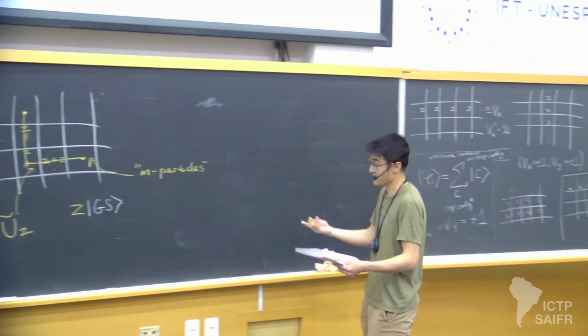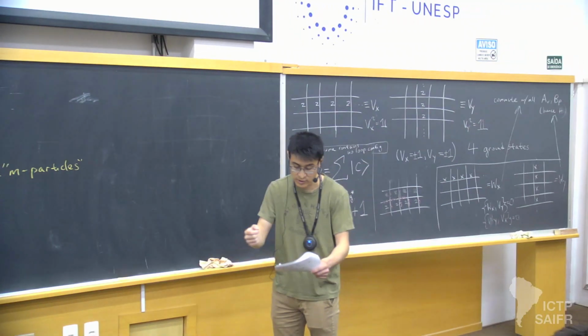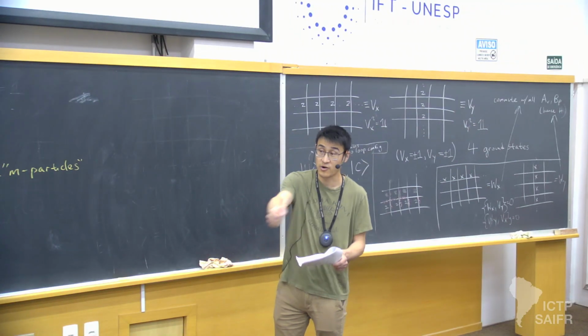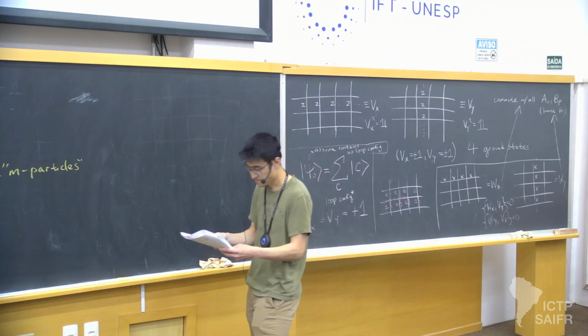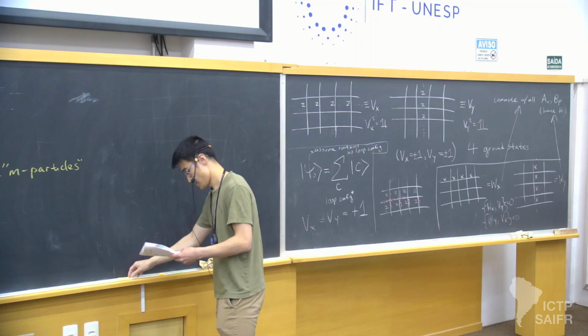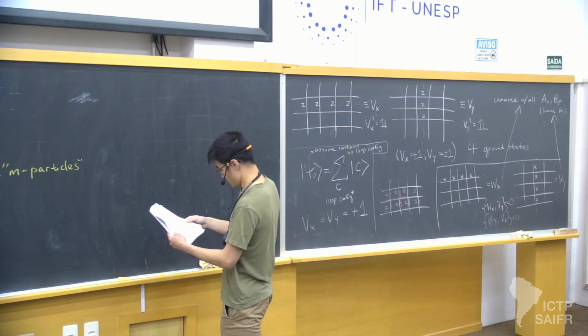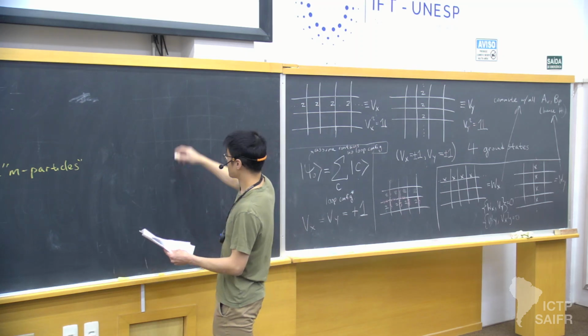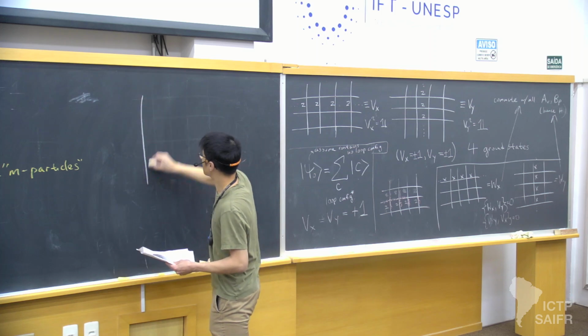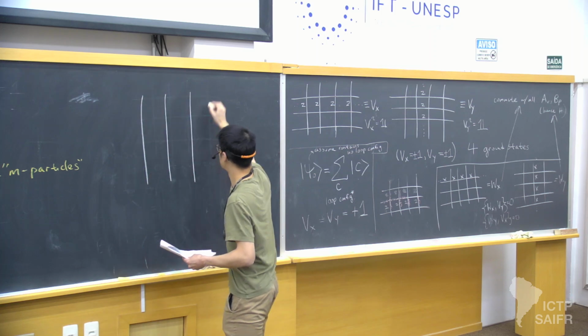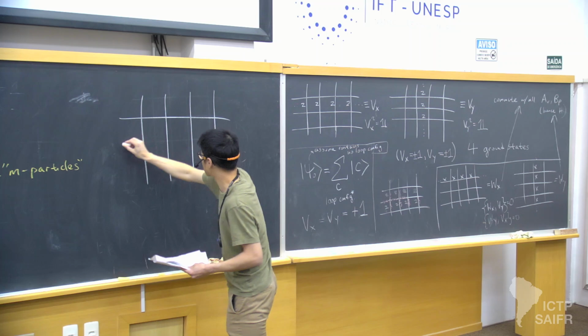However, something interesting happens when you move an E particle around an M particle. So let me again draw a square lattice.